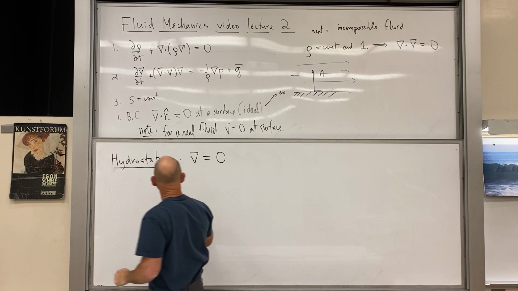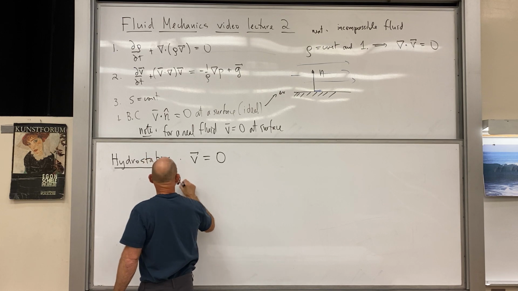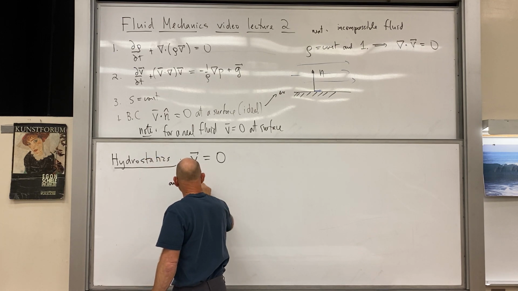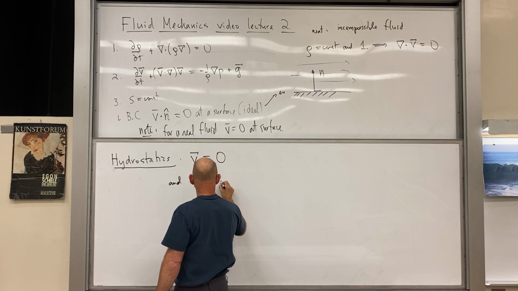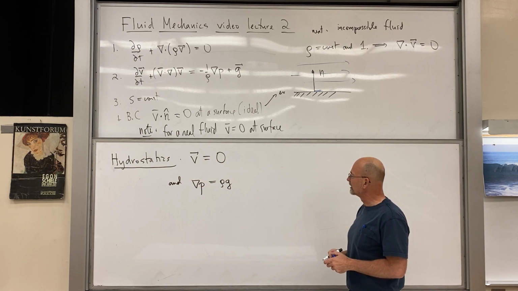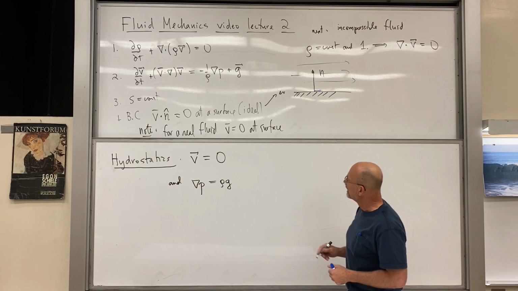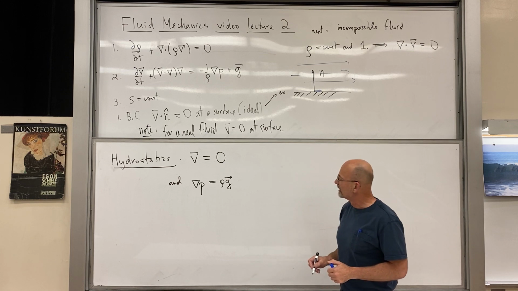So we have gradient P is equal to rho times G. Gradient of P is equal to rho times G, and G is a vector. I said that's that external field.